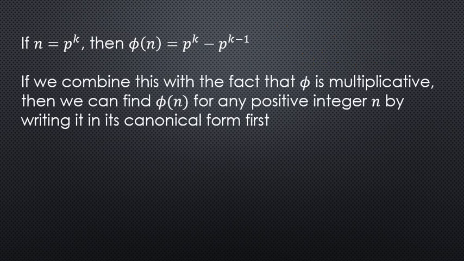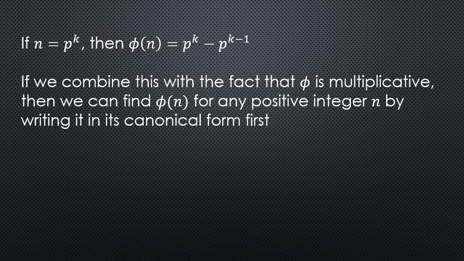If we combine this fact that we just saw with the fact that phi is a multiplicative function, then we can find phi of n for any positive integer n by writing n in its canonical form first.